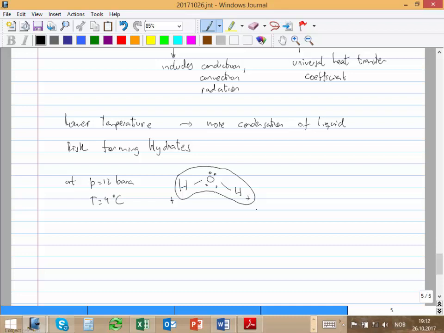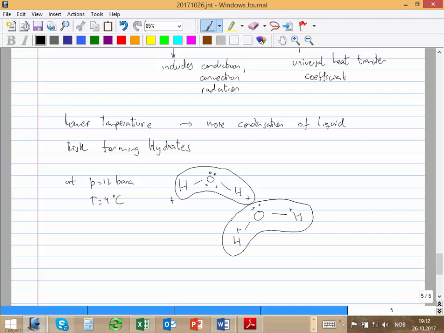What happens when other water molecules come here? How do you call this effect? Hydrogen bonding. Do you see this in any course? I guess so.